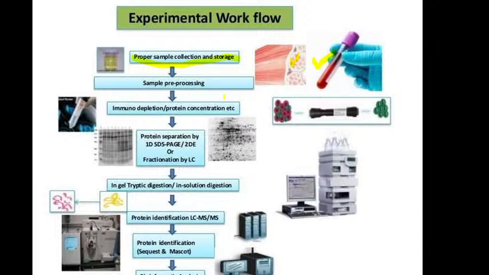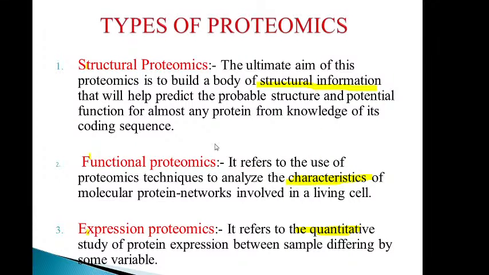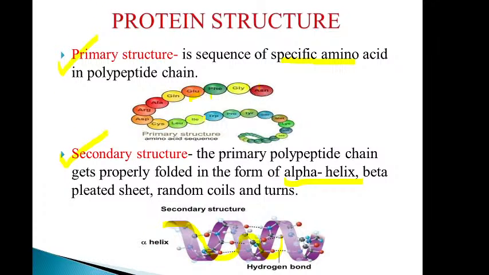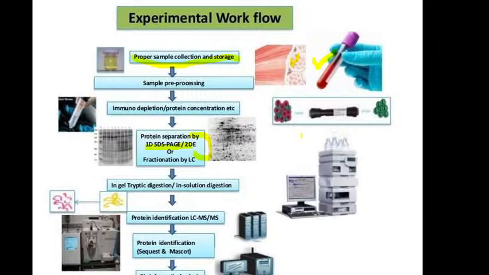We have to do some separation by SDS-PAGE, by 2D gel electrophoresis, by any of the methods. As I already told you, first of all is separation. Number two is the identification by mass spectrophotometry.